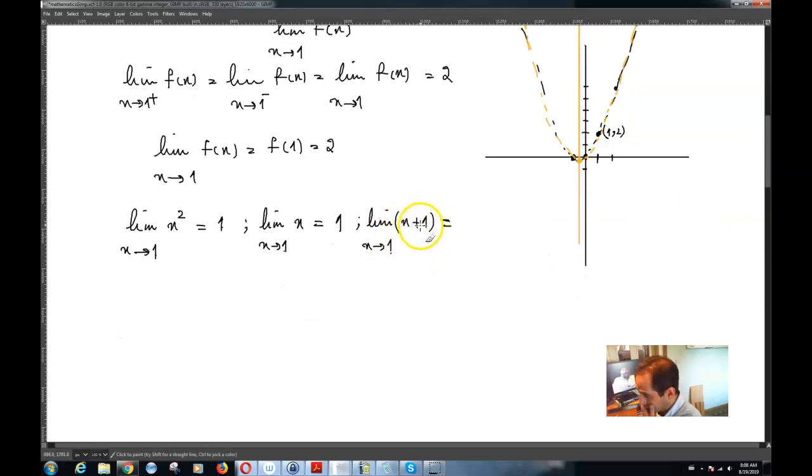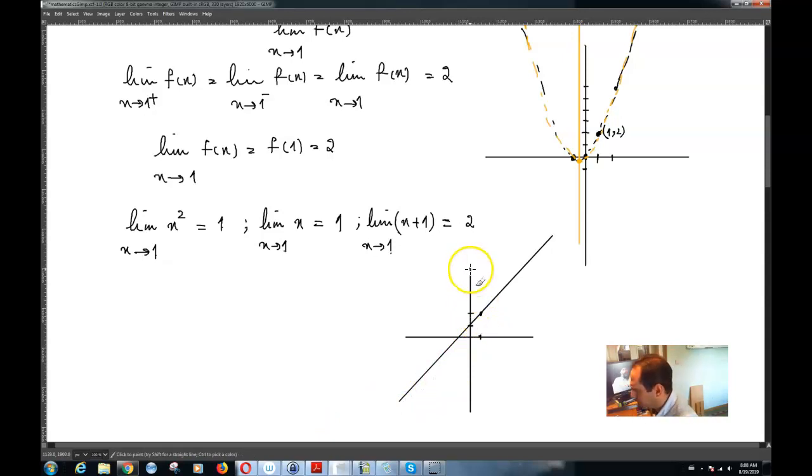If you set basically 1 plus 1, that's going to give you a 2, because this is a function something like this, having this kind of slope, and then the function will go through this point over here. So the limit of x plus 1 as x tends to 1 is equal to 2.